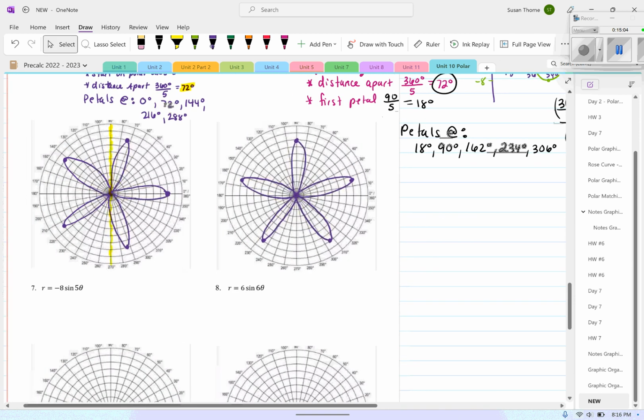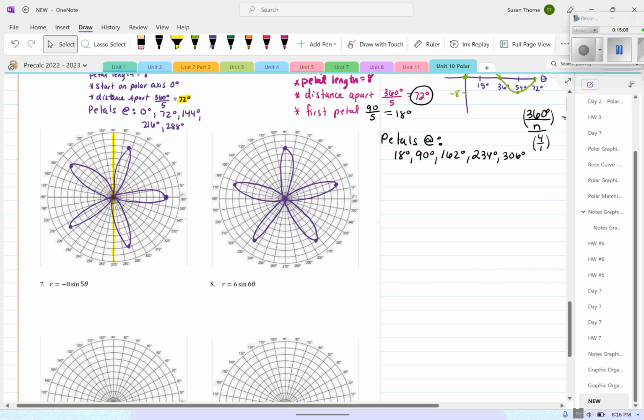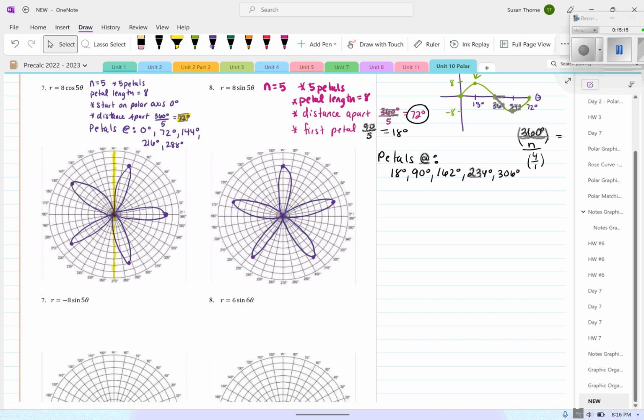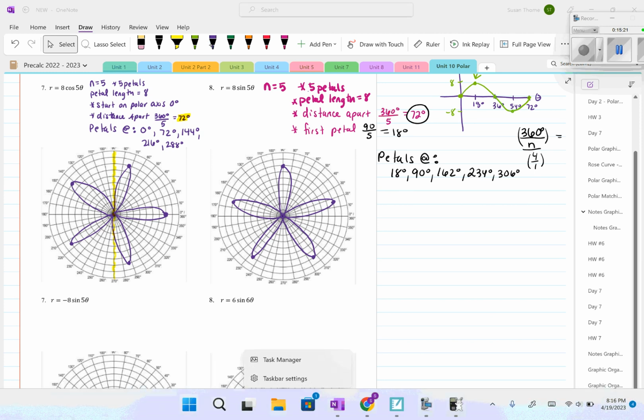So then for this one, what happens if instead of being positive 8, we have a negative 8? That's going to again reflect it across the axis. So in this case, we're going to be reflecting across the polar axis.